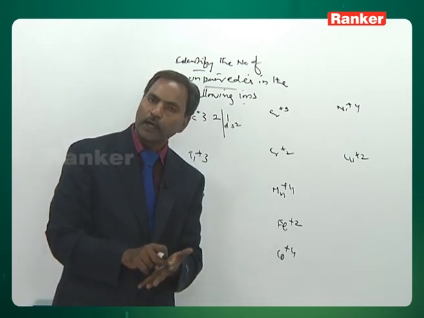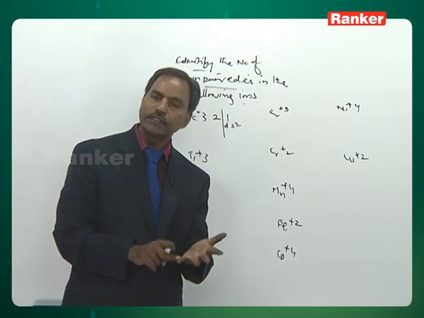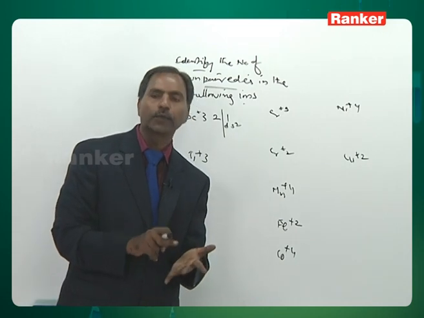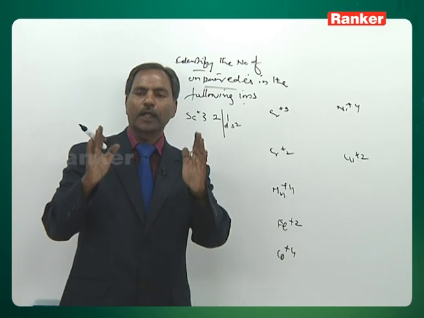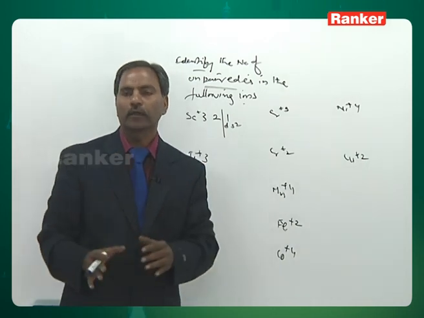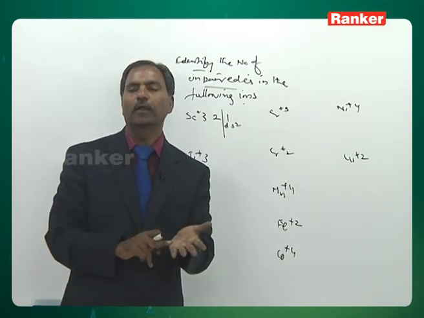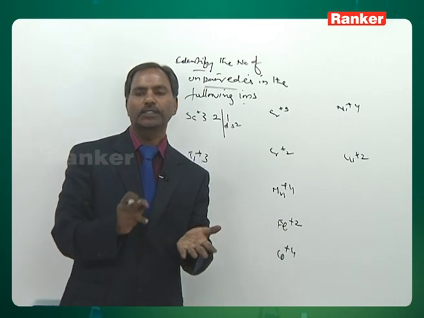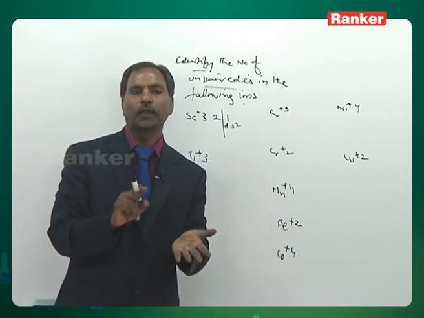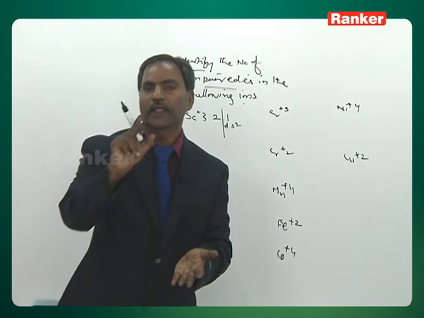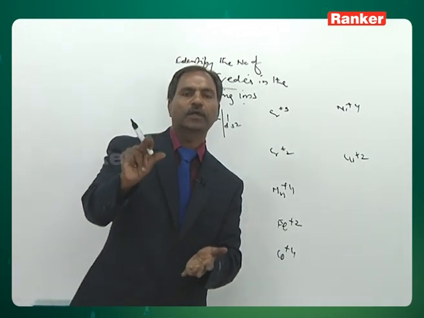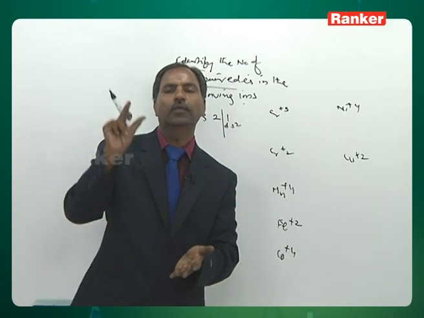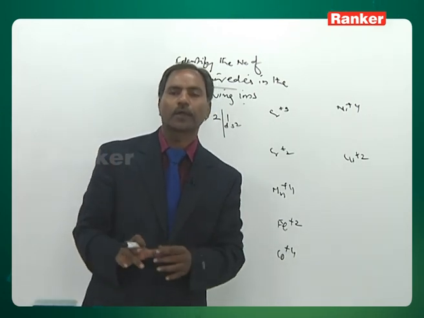Next 25 d5s2, 26 d6s2, 27 d7s2, 28 d8s2. Once you know the atomic number, you can easily make out the electronic configuration of that element. Like that, you can make the electronic configuration.